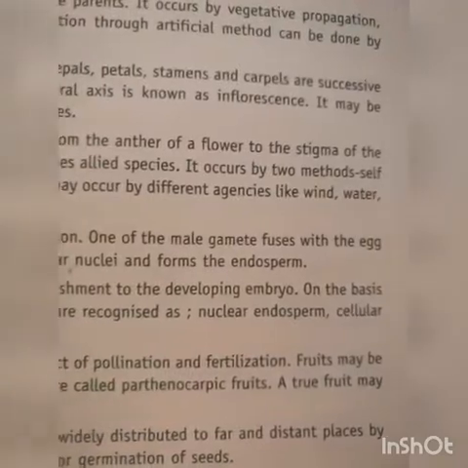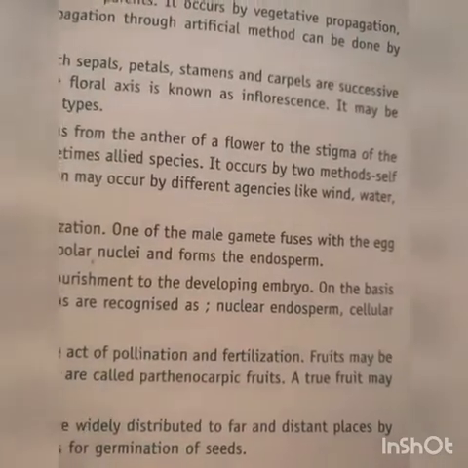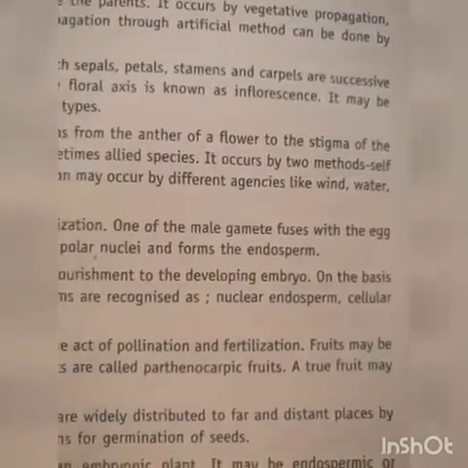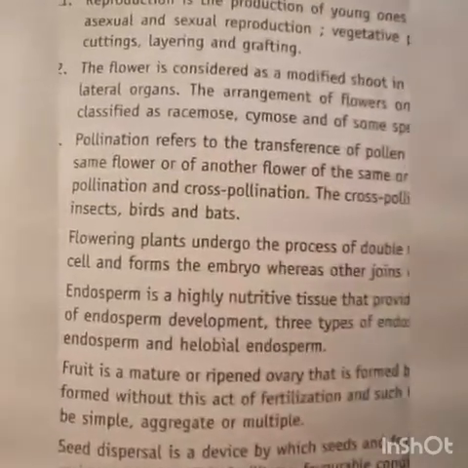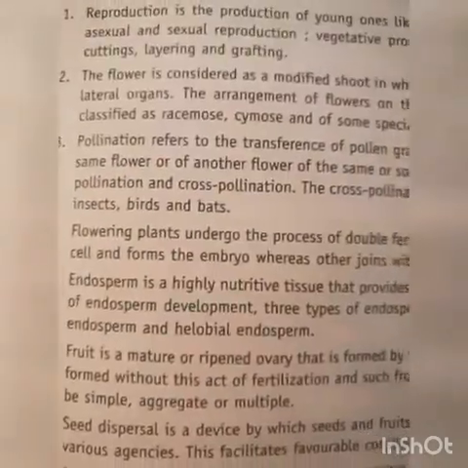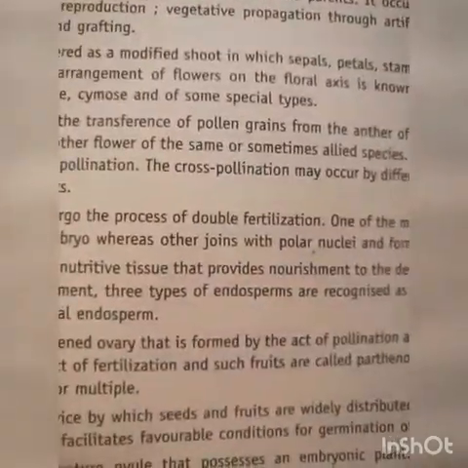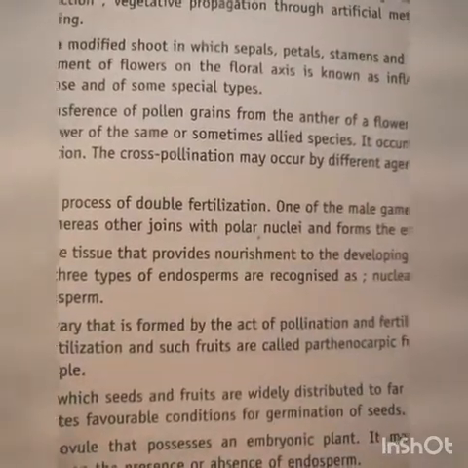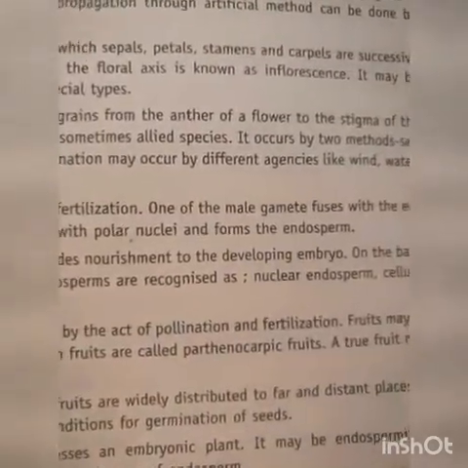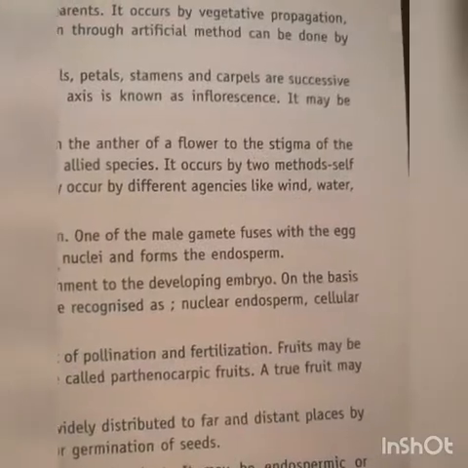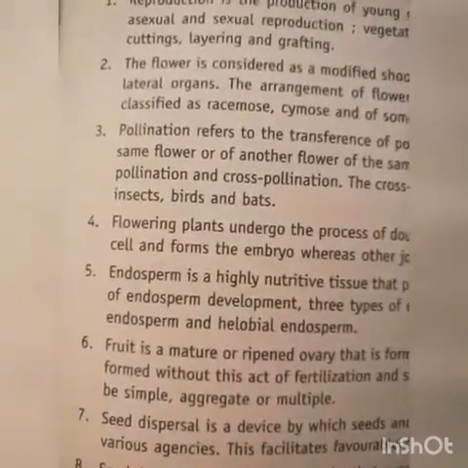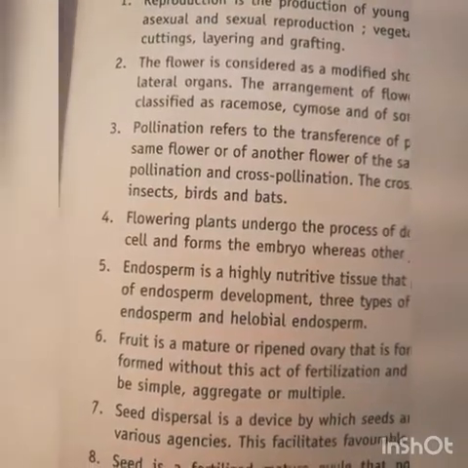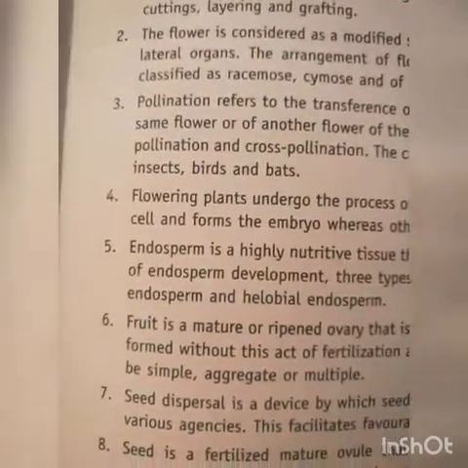It occurs by two methods, either self pollination or cross pollination. The cross pollination may occur by different agencies like wind, water, insect, bird, bat, etc.